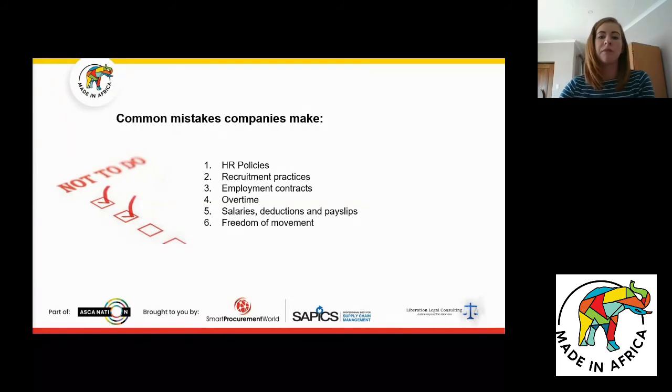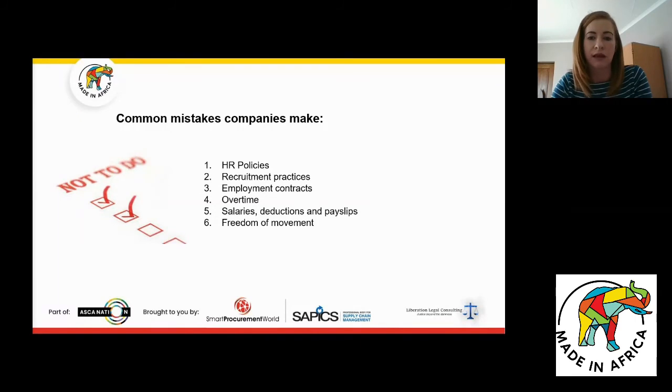No deductions may be made from an employee's salary without such employee's previous consent thereto or in terms of legislative requirements. Deception in salary payment or salary advances and loans to employees may not be used to bind employees to employment. Employees may not be held in debt bondage or forced to work for an employer in order to pay off either an actual or a perceived debt.